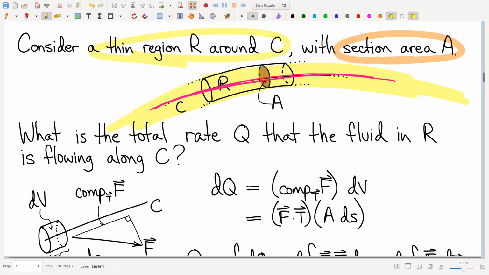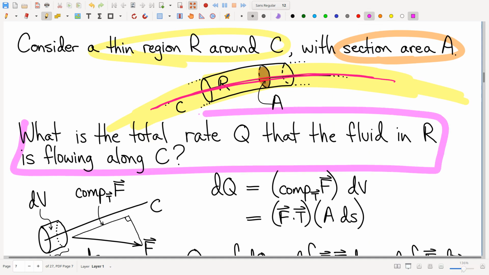The question I'm going to ask is right here. Hard to imagine, again, why I would ever care about such a thing, but this is going to come together in the end, so again, please bear with me. Looking at all of this fluid in this thin region, this yellow tube around our curve, to some extent, as the fluid flows, the fluid will be flowing along the curve.